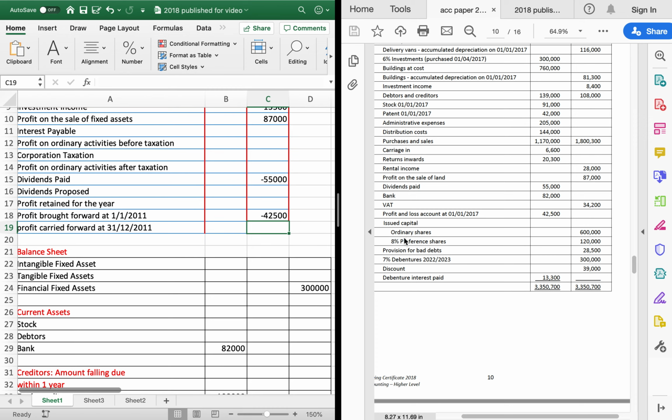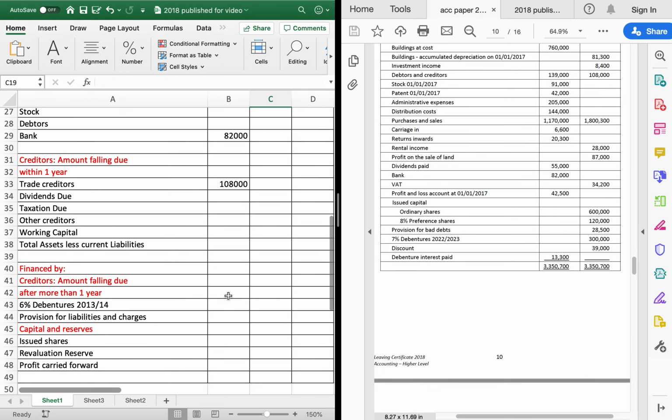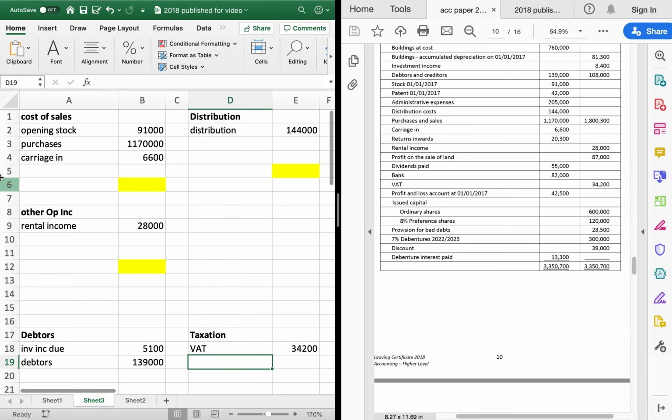Your two share capitals, ordinary and preference, so 600 and 120 is 720. That's your called up share capital, so 720. Provision for bad debts. Now that goes in your debtors, all right, as a minus. So just as normal, debtors minus bad debt provision. So minus 28.5.